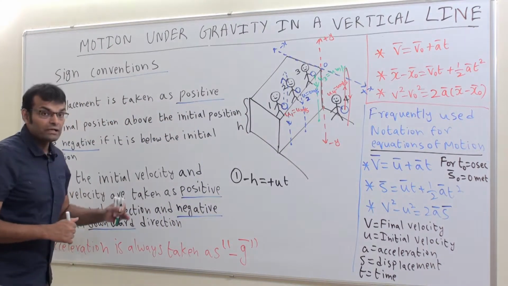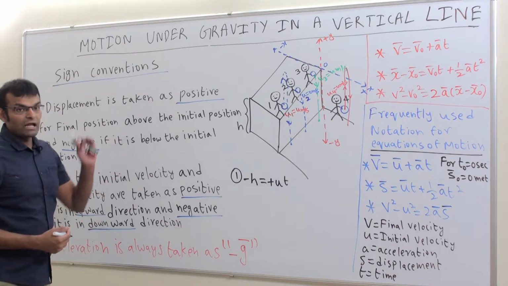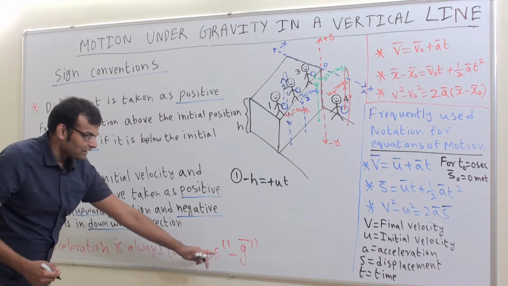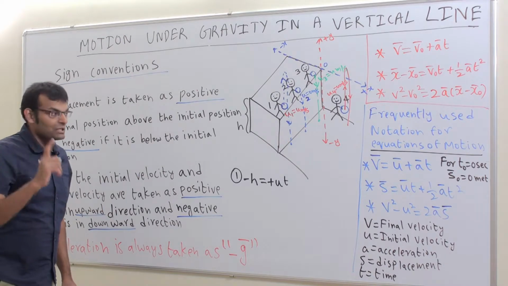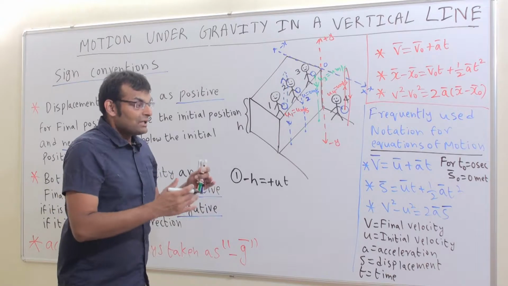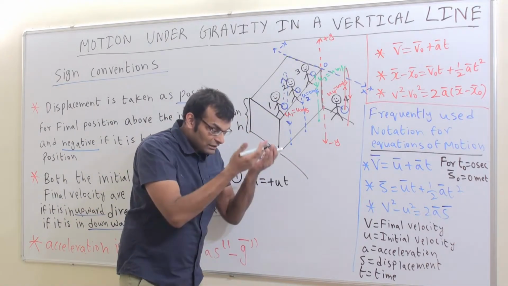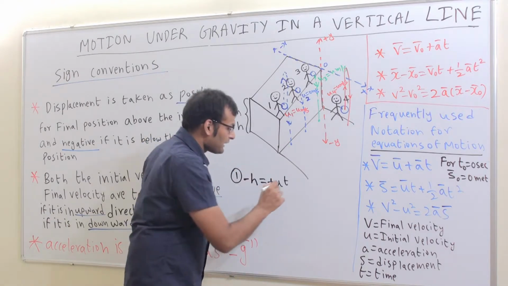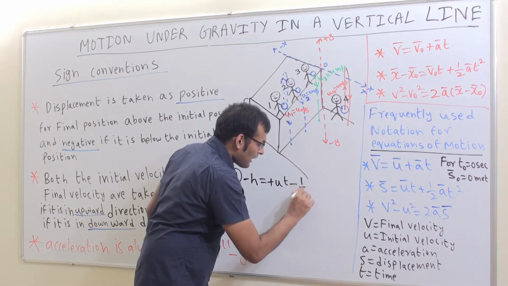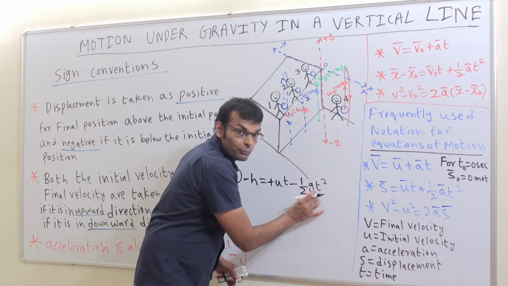As we have already discussed, our motions are under the influence of gravity. We always take acceleration as minus g, because minus g always acts in the downward direction. Whenever we take an xy coordinate, the negative region lies in the downward direction. So we write minus half g t square. Why this minus? Because it is due to minus g.